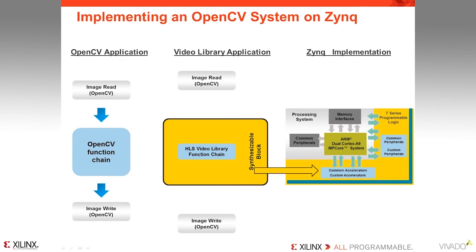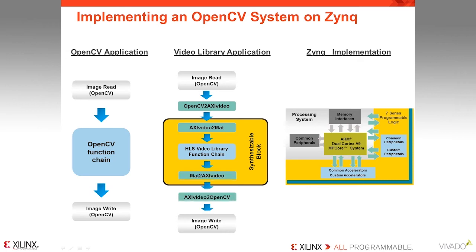Okay. Now, in order to go from the OpenCV image to the synthesizable design, we need to change the format. And so within the C code, we'll take this OpenCV format and we'll convert it to our own AXI video format. Within the design, we'll then change that AXI video format into the matrix format that's used by the Vivado libraries.